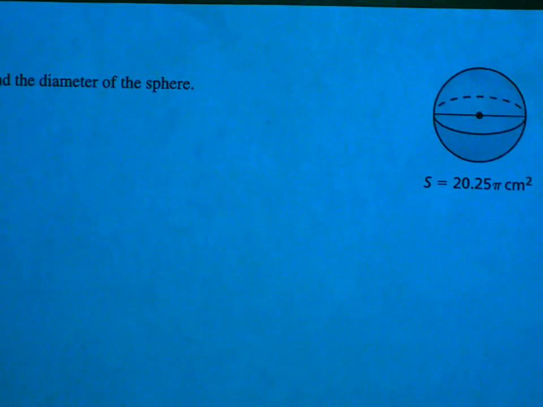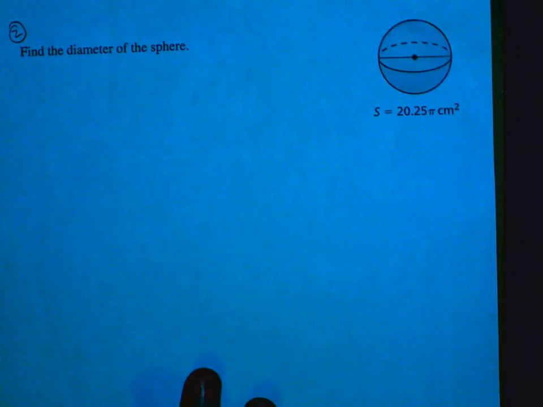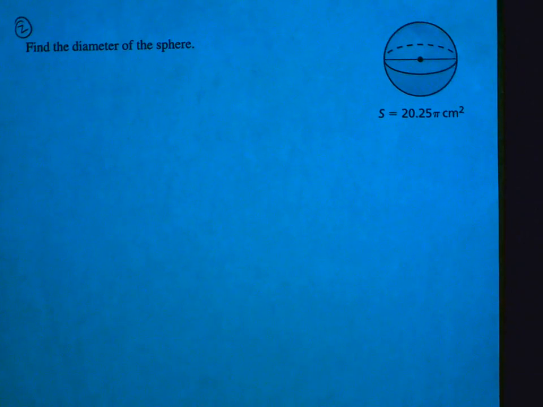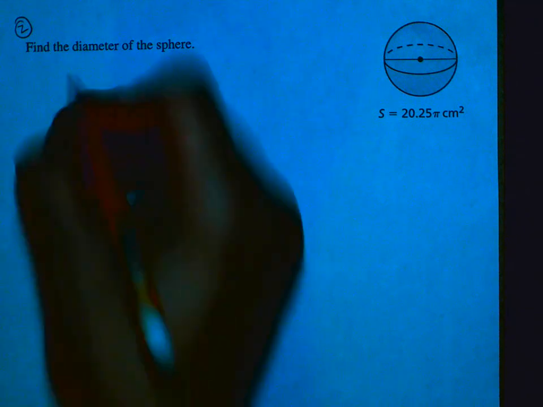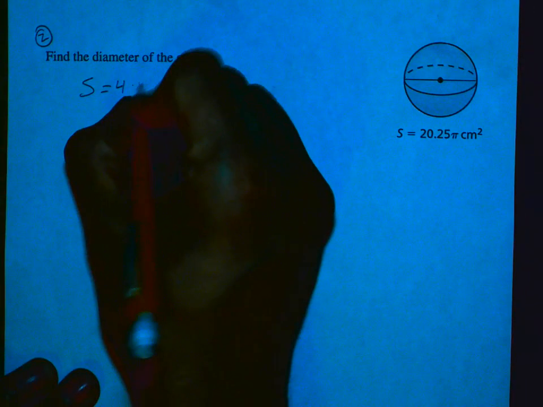Example number 2. Find the diameter of the sphere. They tell me that the surface area is 20.25 pi centimeters. So surface area, we already know that is 4 pi r squared.